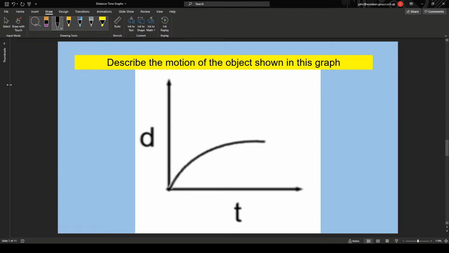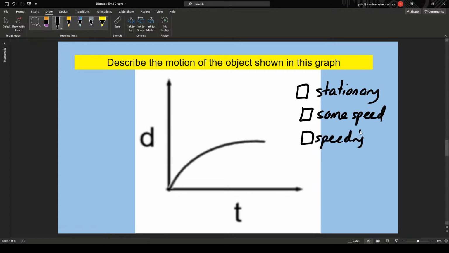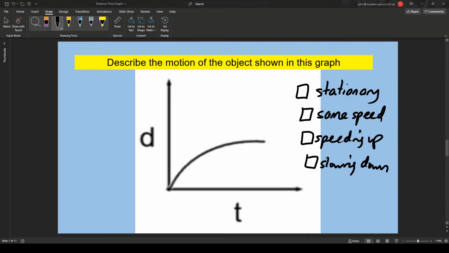Last one. Describe the motion of the object shown in this graph. Slowing down. Very good. And once again, it's not stationary because the distance is changing.